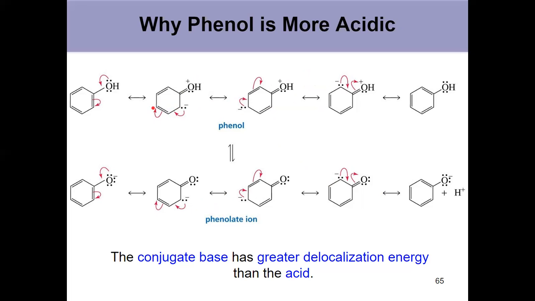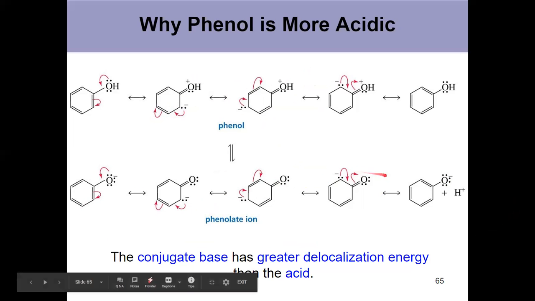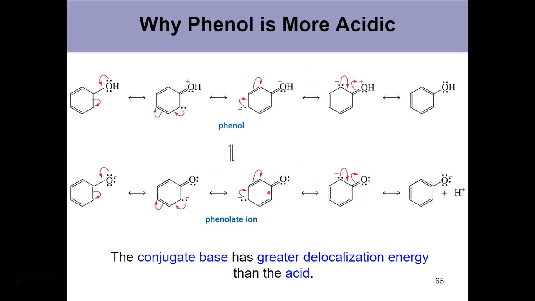So it's not as acidic as a carboxylic acid, but the corresponding delocalization energy, and the fact that the phenolate ion has greater delocalization energy than phenol, means that this is more acidic than a normal alcohol. So make sure you know how to draw these different resonance contributors come exam time.